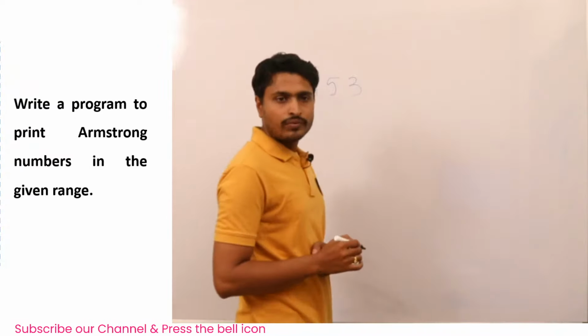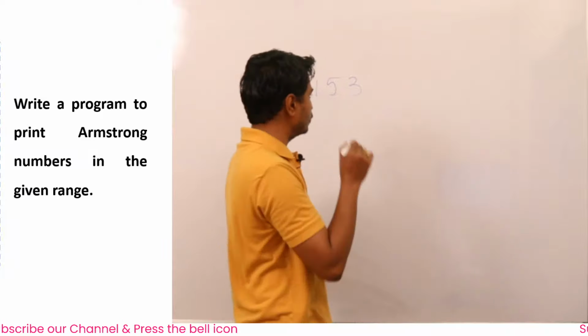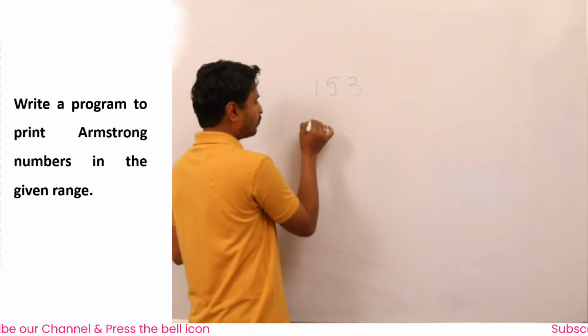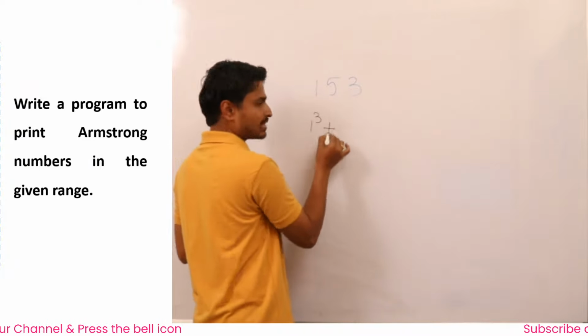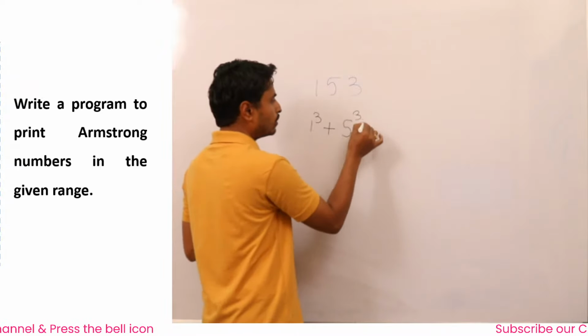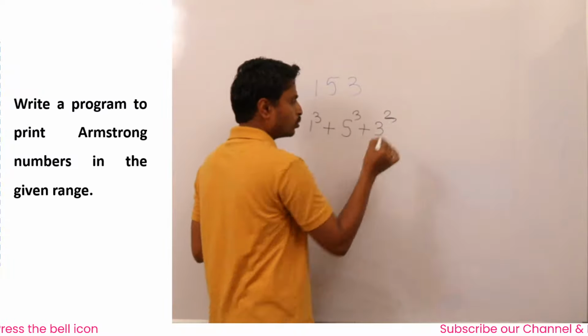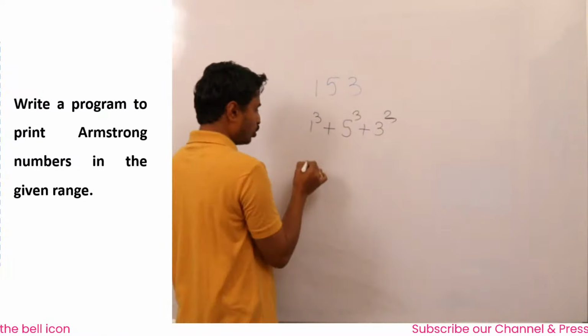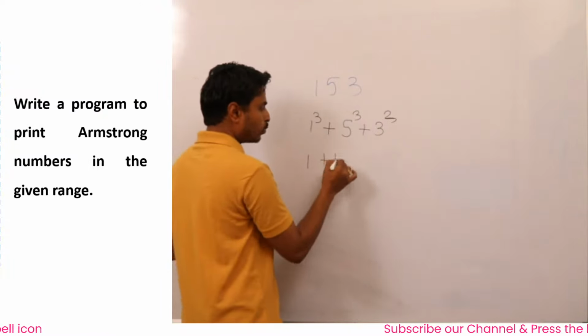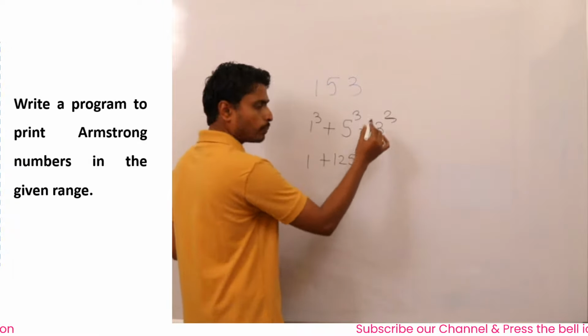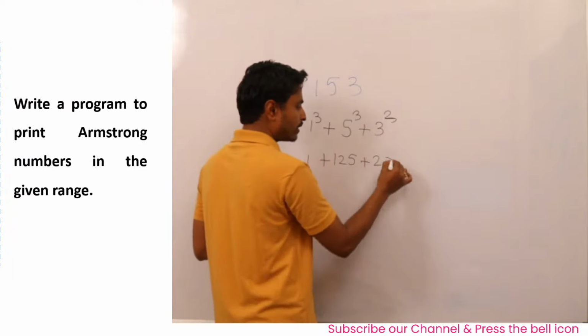Why is this 153 called an Armstrong number? I'll tell you. 1 cube plus 5 cube plus 3 cube. 1 cube is 1, 5 cube is 125, plus 3 cube is 27.